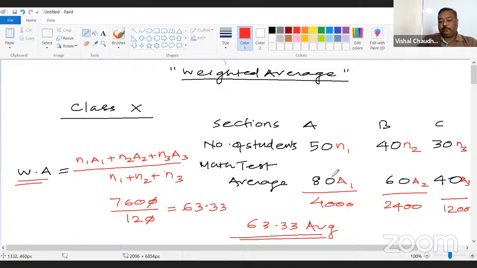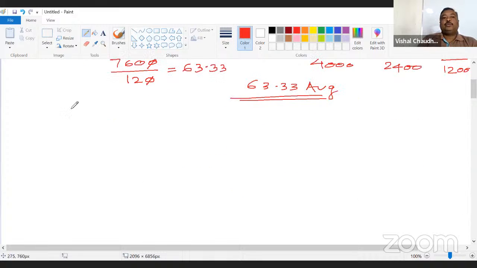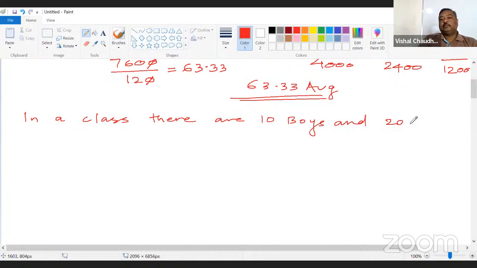Let's take a question on weighted average. In a class there are 10 boys and 20 girls.